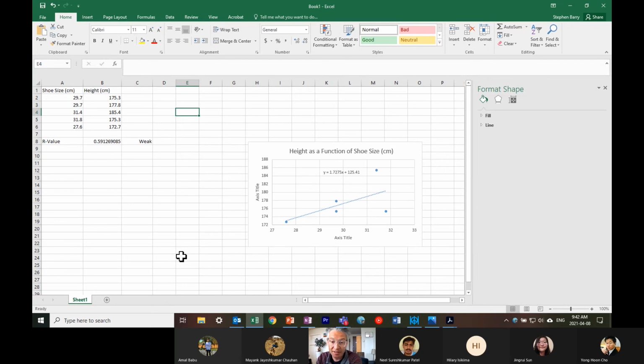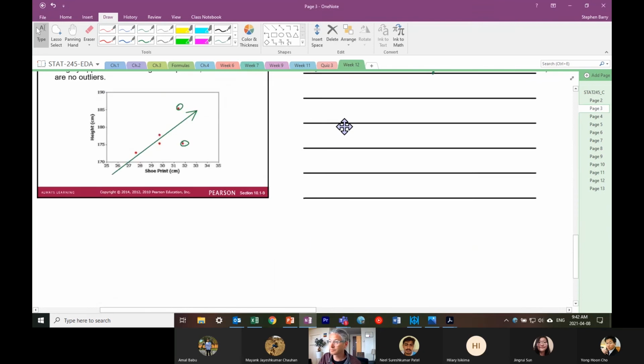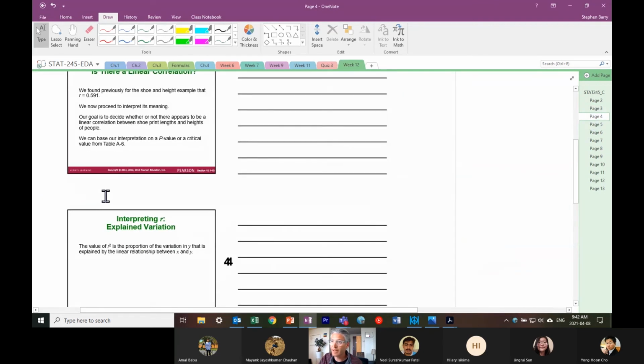Just like everything from chapters 8, 10, and 11 requires you to do a hypothesis test at this point to see if it is significant. Right? We have a weak relationship, but it might not be a significant relationship. Okay, so there we go. So they got the same number, right? Their R value, 0.59.